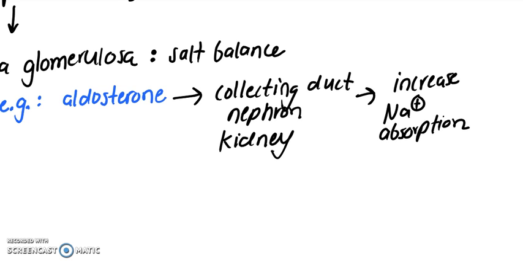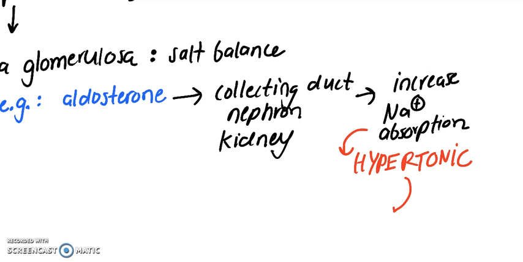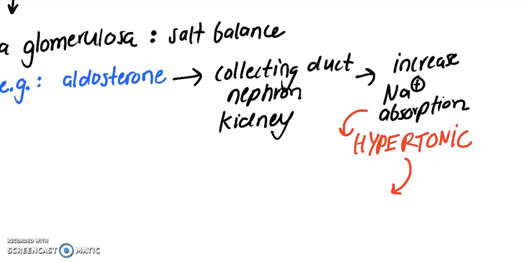When you increase solutes into the interstitium, this makes the environment hypertonic. Which means water will be more attracted to this interstitium. Basically it means water is going to leave the nephron so it can be reabsorbed.